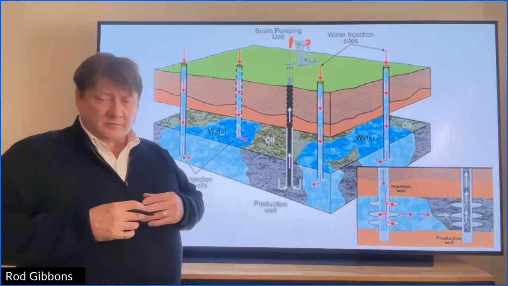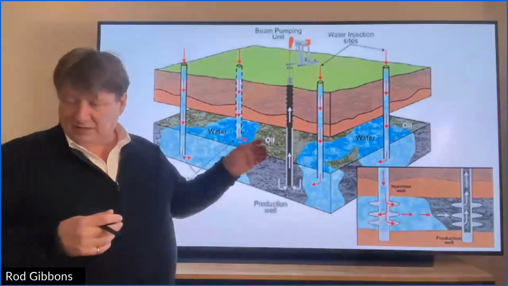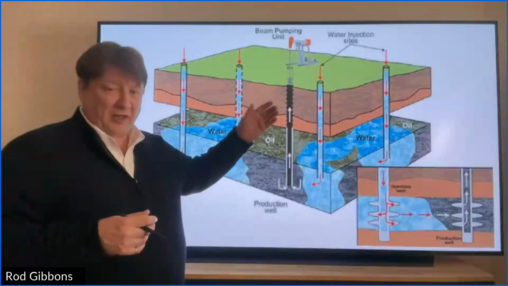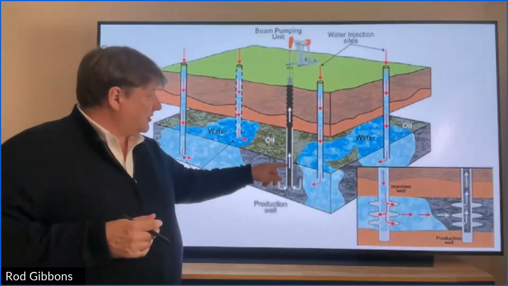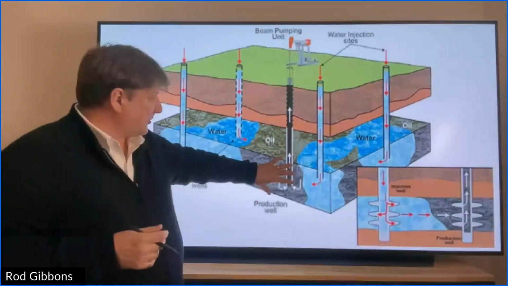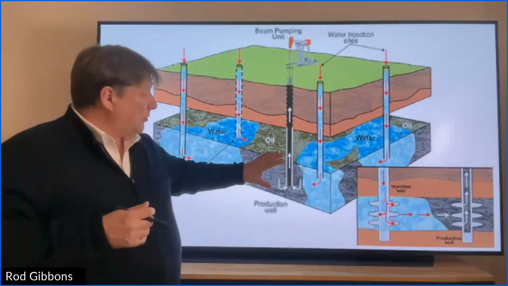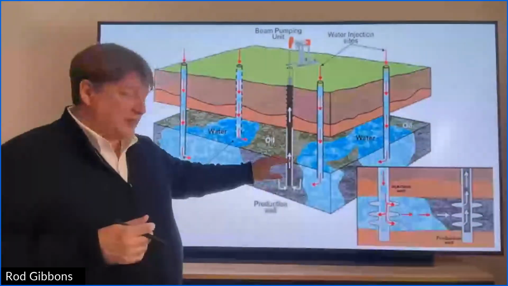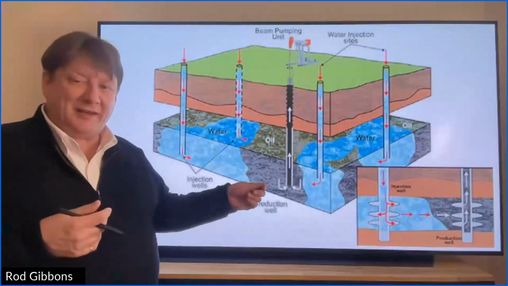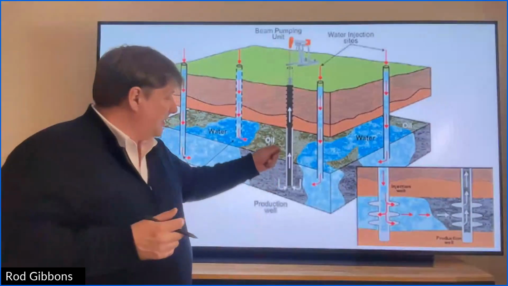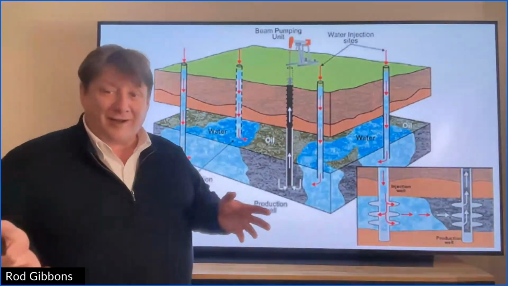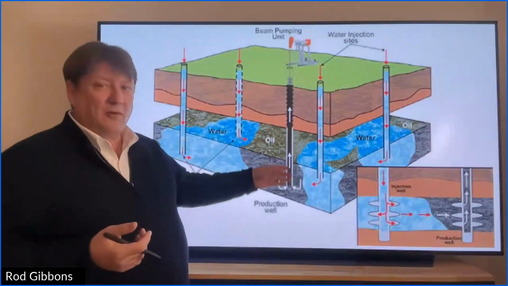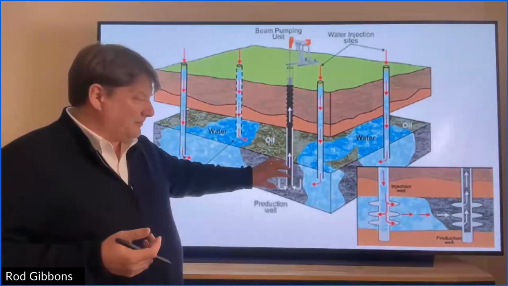As you open this well up, the pressure in the reservoir will drop because you're taking fluid out, like letting the air out of a balloon. It's not a balloon, it's rock, but it's like letting the air out of a balloon. You're taking the oil out of this area.